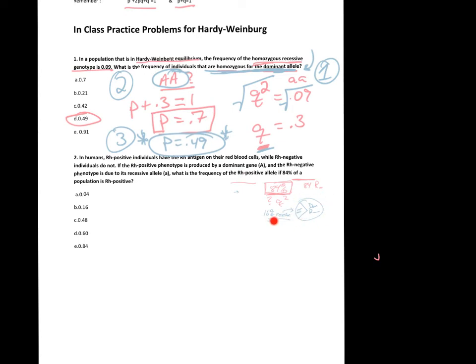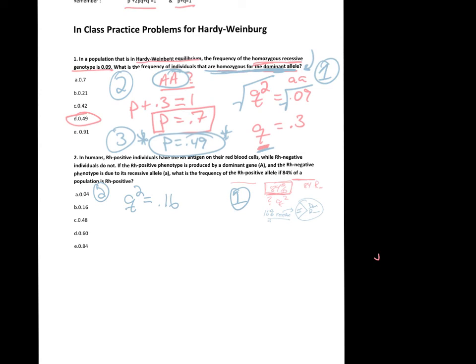So let's write down what we know: q squared is equal to 0.16. Your question is, what is R?